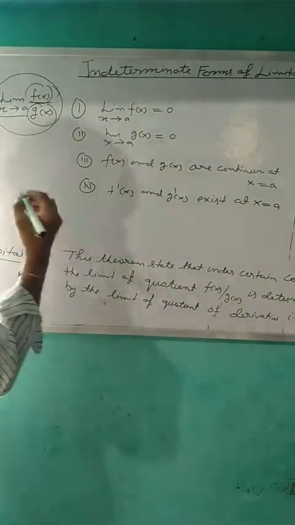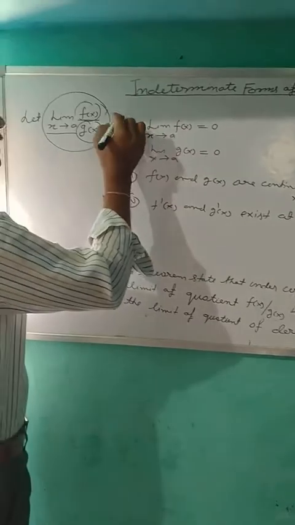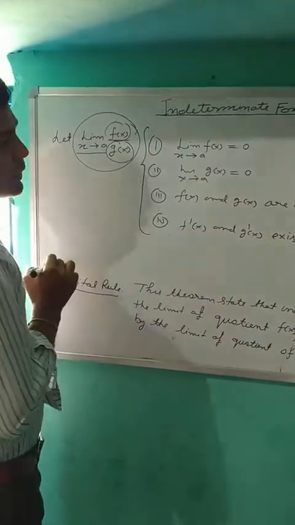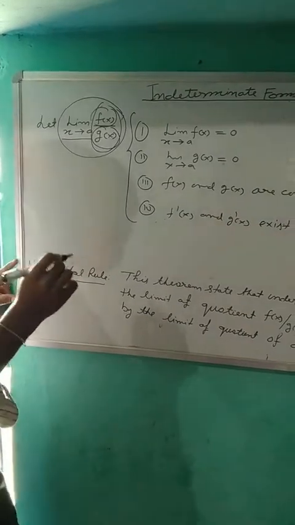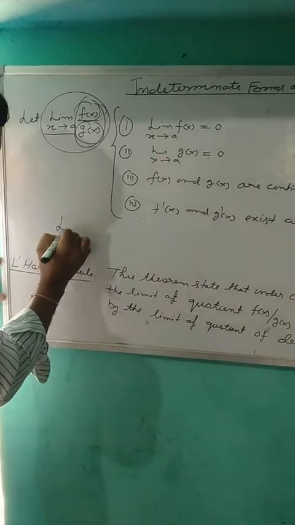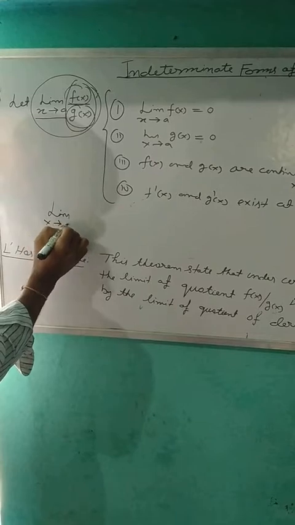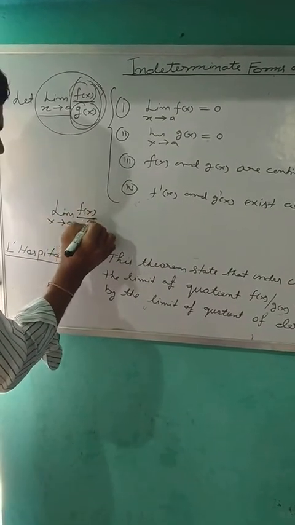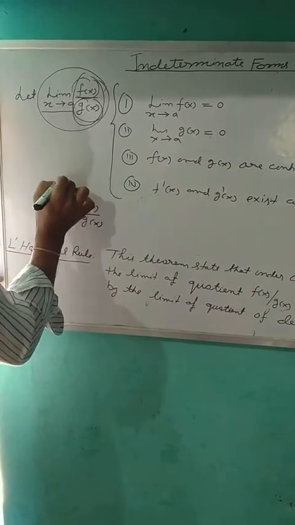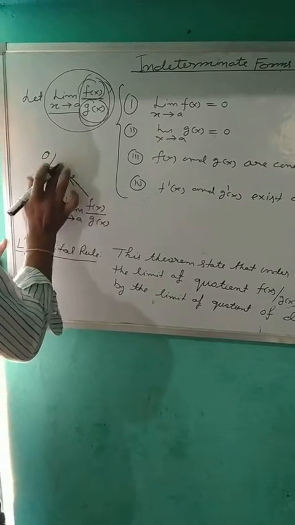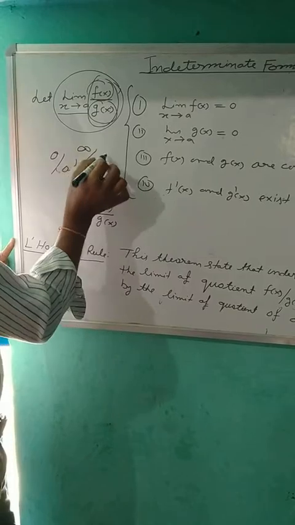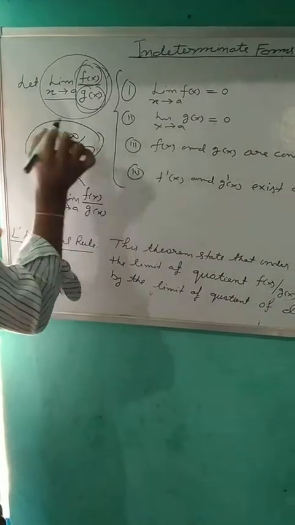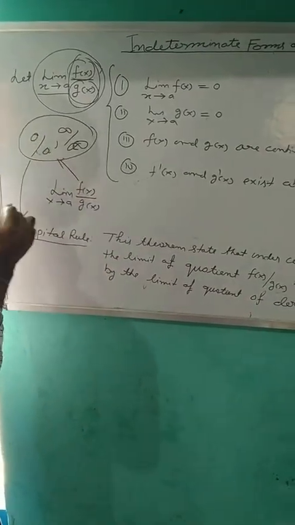If all the conditions are satisfied by the function f(x) upon g(x), then we can find the limit as x tends to a of f(x) upon g(x) if we find the indeterminate form 0 upon 0 or infinity upon infinity. Only for these two indeterminate forms can we use L'Hopital's rule.